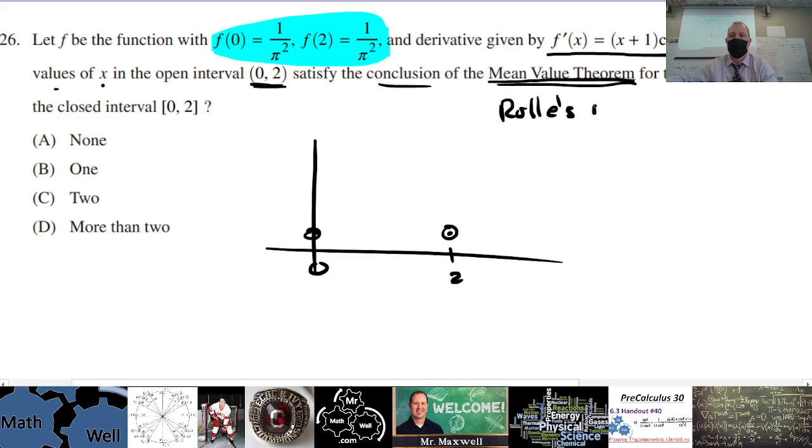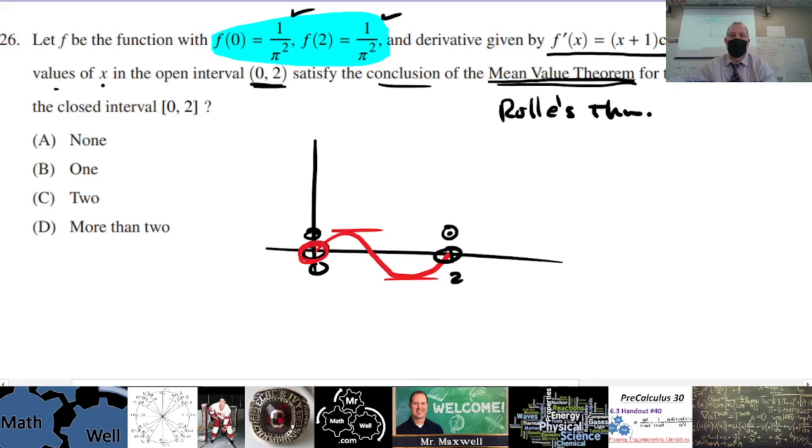Remember, Rolle's theorem was a version of the mean value theorem where if we had two intercepts, now these aren't intercepts, but they're the exact same value, so they may as well be, then Rolle's theorem says that somewhere in between two points that are intercepts, there must be at least one point that has a derivative equal to 0. Why?